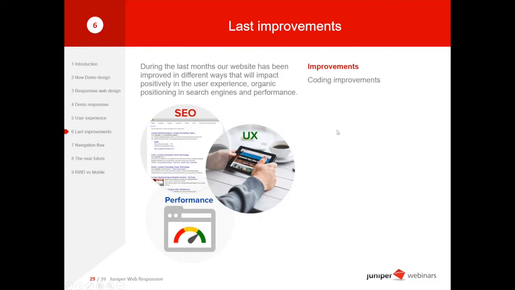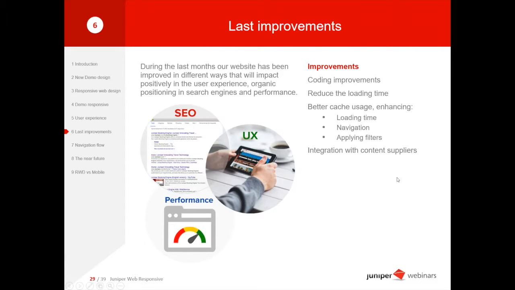Okay, so coding improvements reduce the loading time, better cache usage, enhancing loading time, navigation, and applying filters. Now, thanks to this cache, the navigation is faster. Integration with content suppliers.